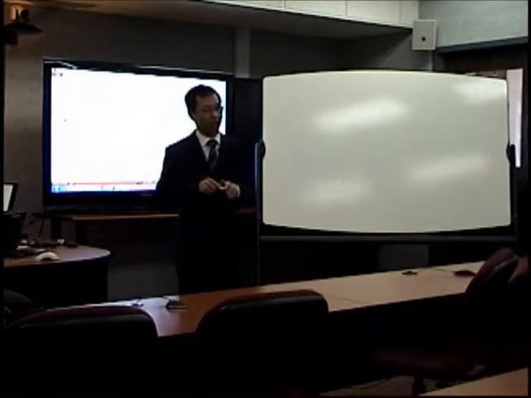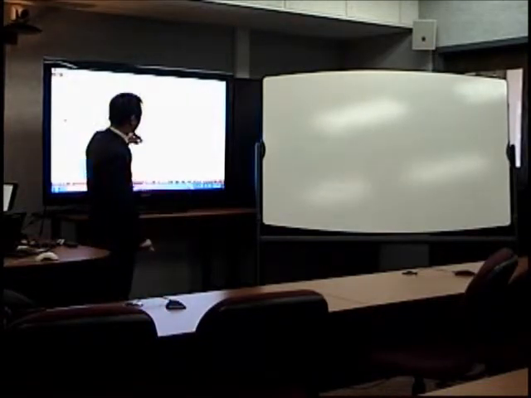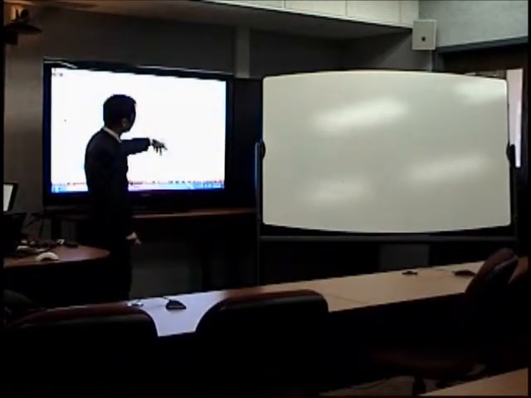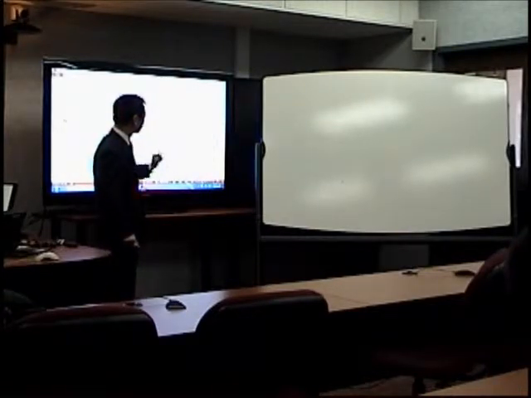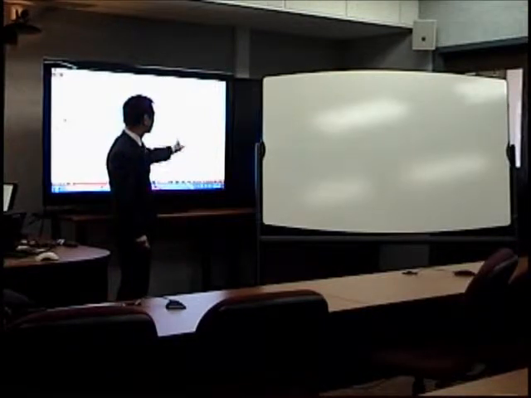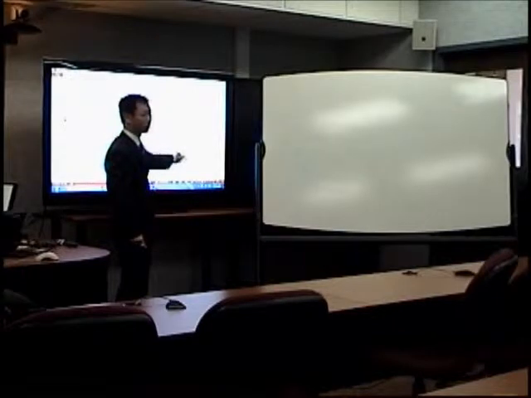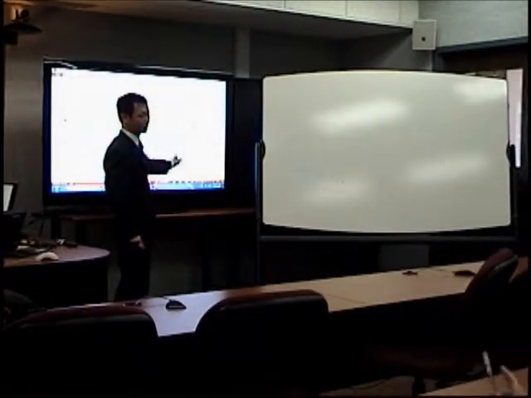Can anyone tell me the relationship between x and y? Here we can tell that the y values are 2 to the x power. So this is 2 to the first power, 2 squared, 2 cubed, 16 is 2 to the power 4, 32 is 2 to the power 5, 64 is 2 to the power 6.